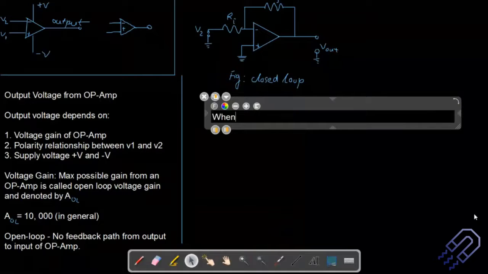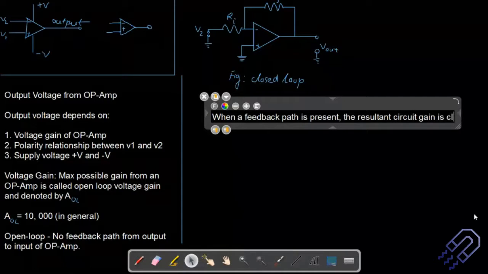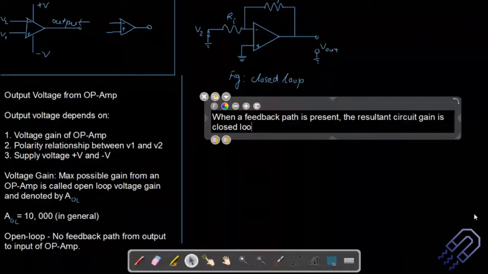When a feedback path is present, the resultant circuit gain is the closed loop voltage gain. You are applying a feedback to the circuit.